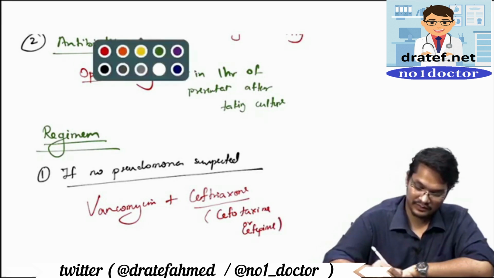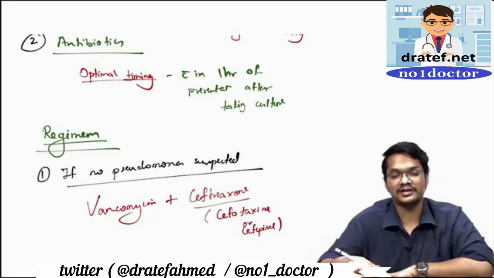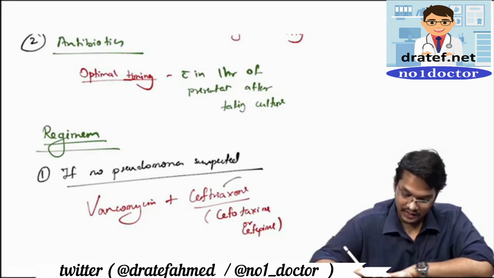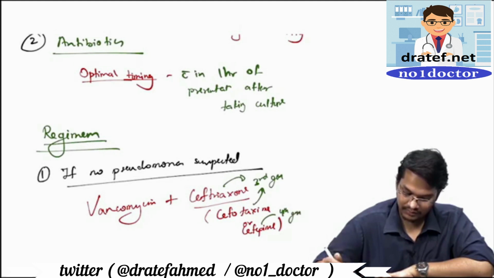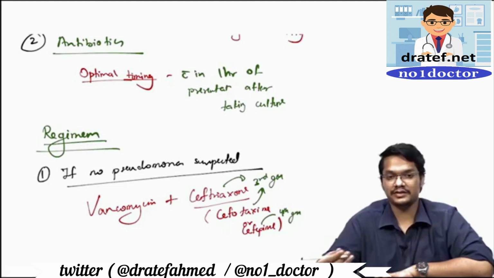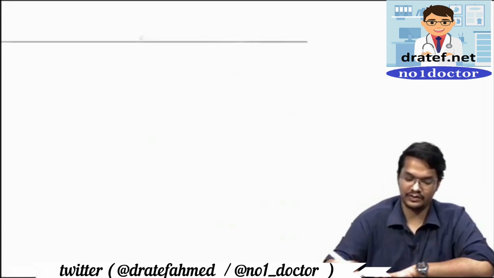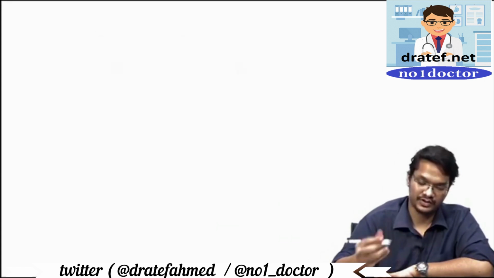Okay, but what is generally asked is the vancomycin and ceftriaxone combination, and as we know, ceftriaxone and cefotaxime are both third generation cephalosporins, and cefepime is a fourth generation cephalosporin. Okay, this is the regimen if we do not suspect Pseudomonas to be there.